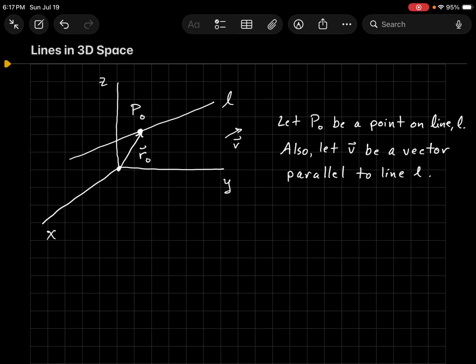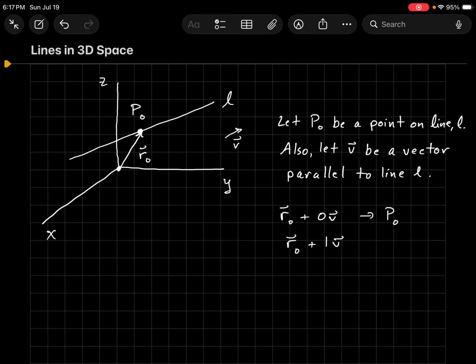Now, if I wanted to draw the vector r naught plus 0v, that's of course the point P naught, or it points to the point P naught. What if I wanted to draw the vector r naught plus 1v?